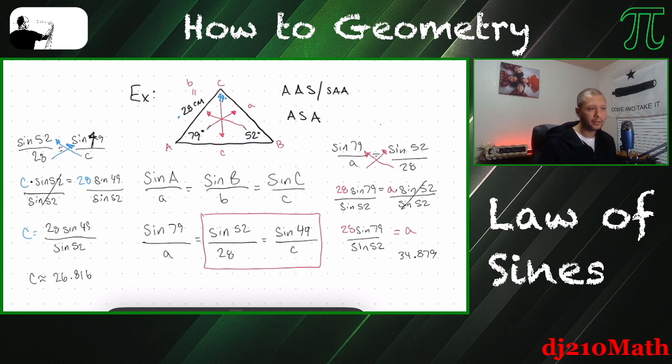Now, you can do this method with any triangle that has these given elements, right? Angle, angle, side, side, angle, angle, and angle, side, angle.